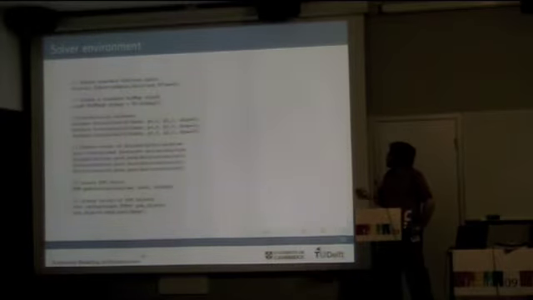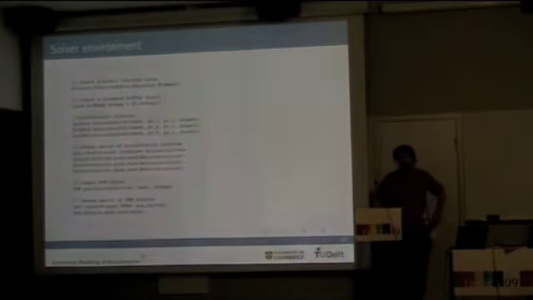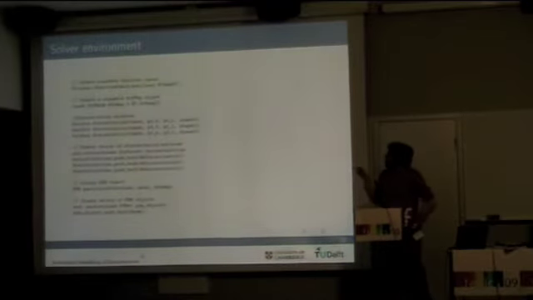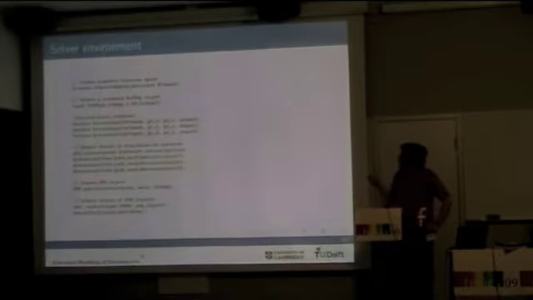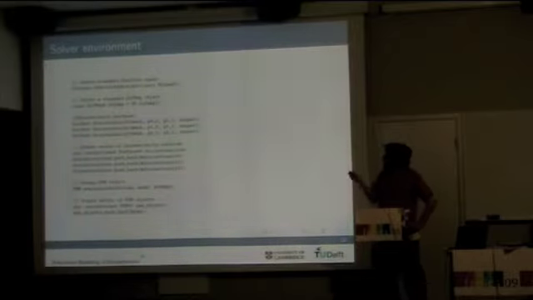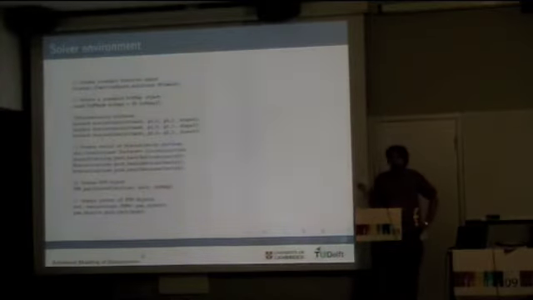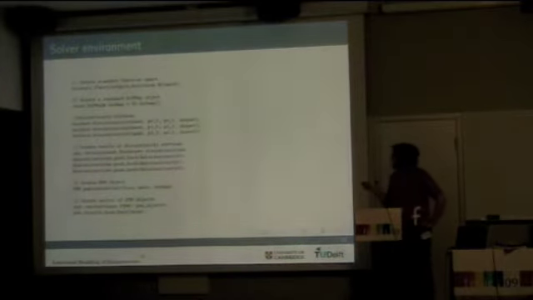Now, this is our solver environment. Now we have compiled our header file. If we include this file in our main in the solver environment, the first line is the function space, the standard function space.